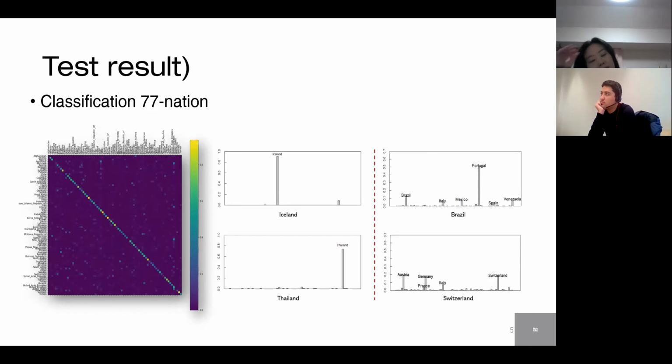From the result of this prediction, we found the characteristics of countries with high accuracy and low accuracy. Compared to countries such as Iceland and Thailand, where the answer rate is high, countries such as Brazil and Switzerland are very complicated in their ethnic composition.